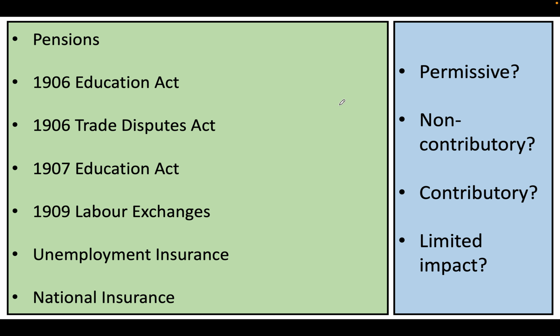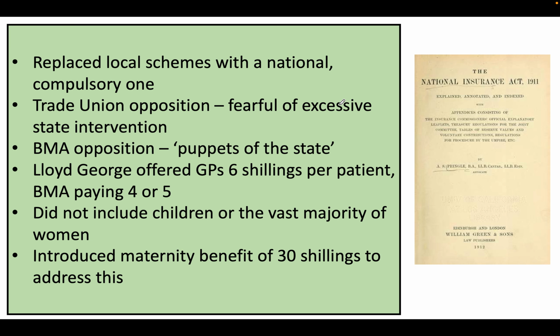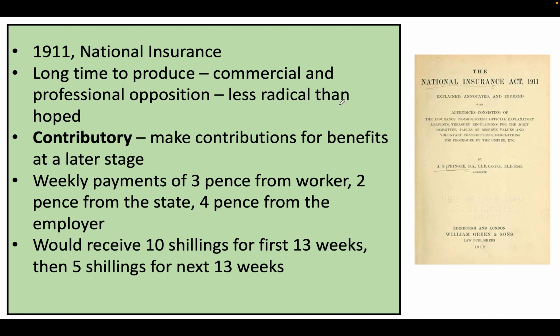I need you to be able to talk in detail about, for example, the limitations of the pensions, the limitations of the Education Acts, or national insurance or unemployment insurance. This is the layout, the nitty gritty stuff for national insurance.